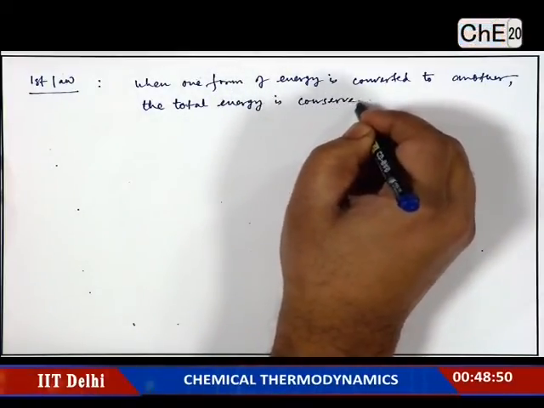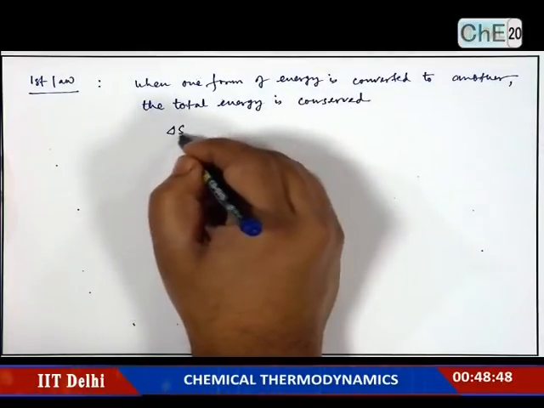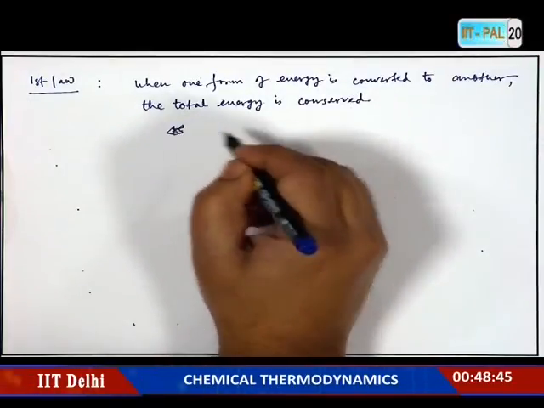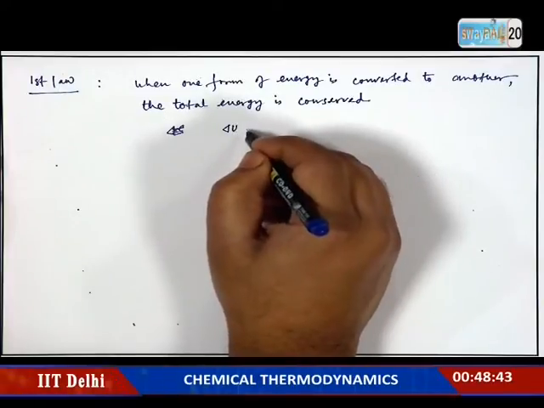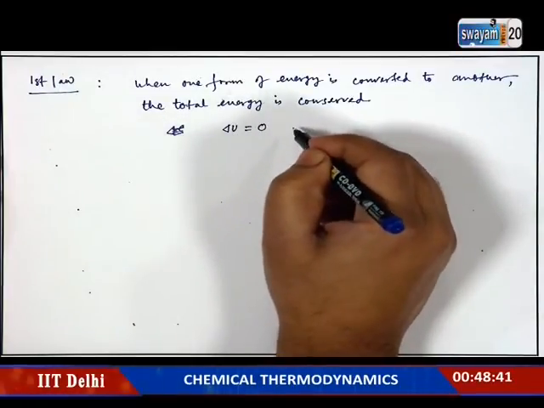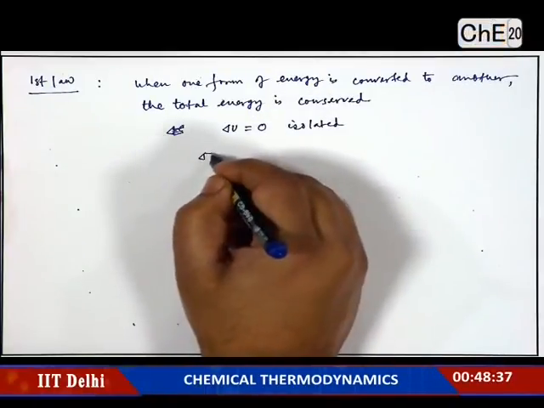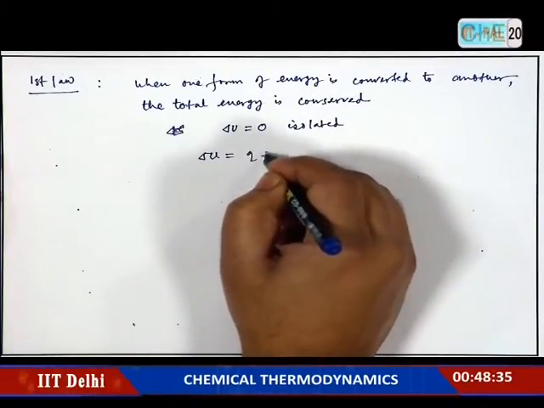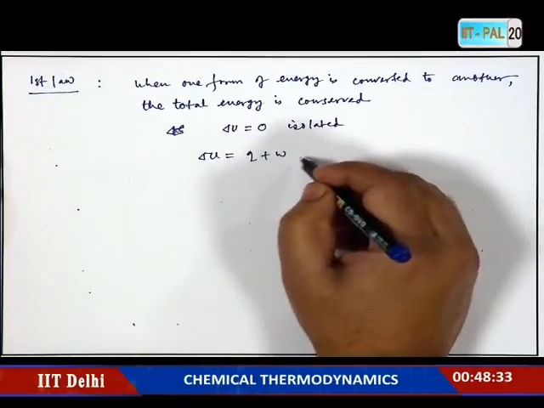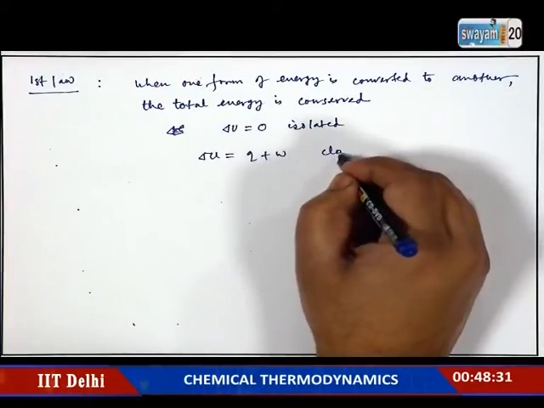That is the first law of thermodynamics. So, we have said that delta U for an isolated system is 0 and delta U for a closed system is Q plus W, and we discussed what these terms mean.